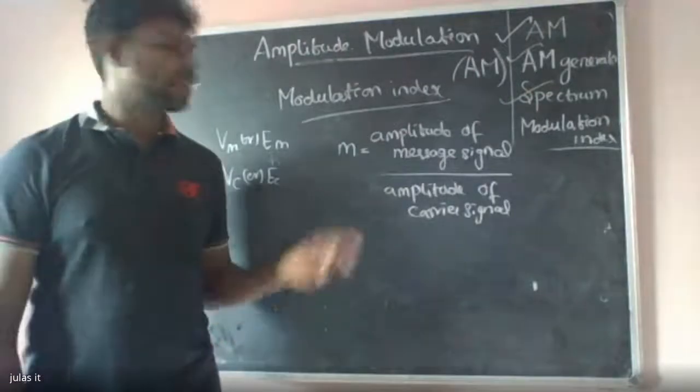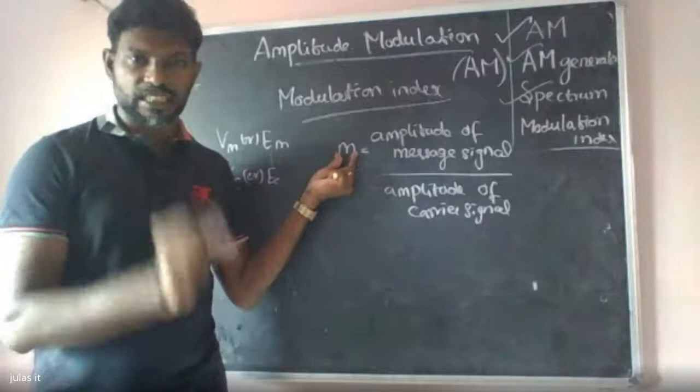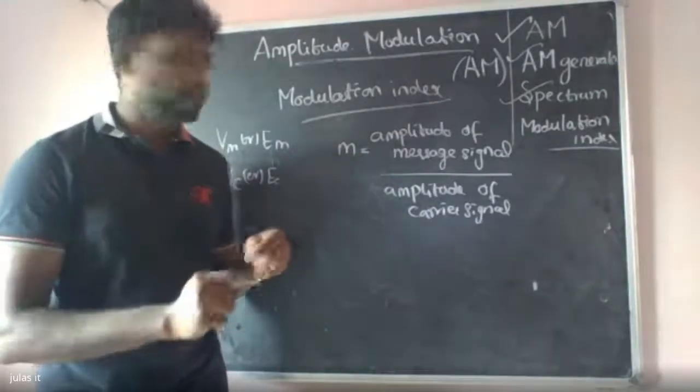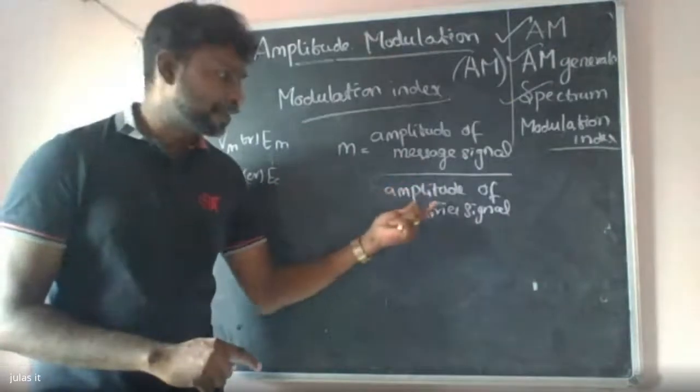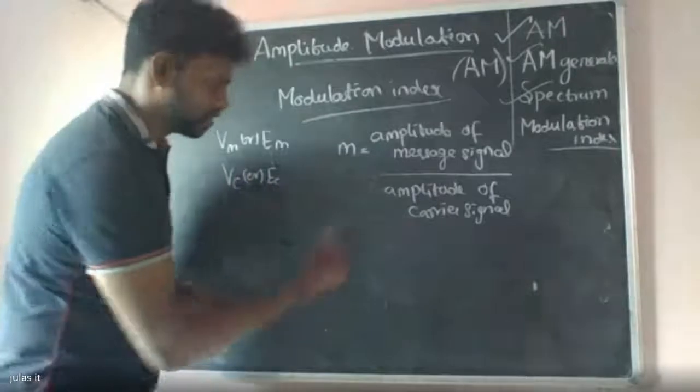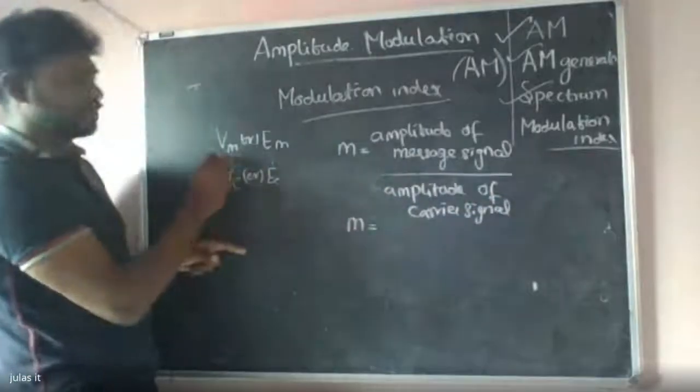Modulation index is represented by small m. It is nothing but the ratio of the amplitude of the message signal divided by the amplitude of the carrier signal, right? If you write it in the form of an equation, small m is equal to the amplitude of the message signal, Vm or Em.